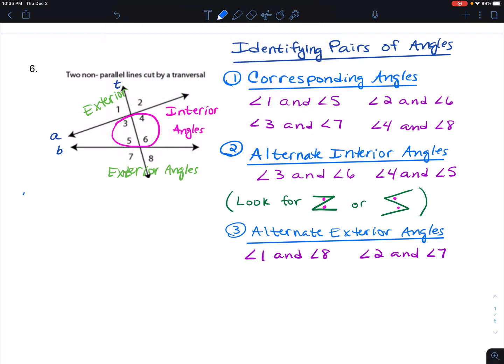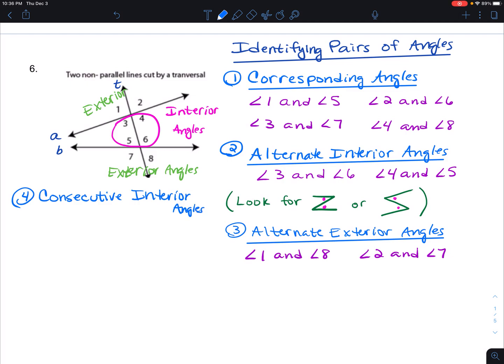Special pair number 4. Number 4, these are called consecutive interior angles.